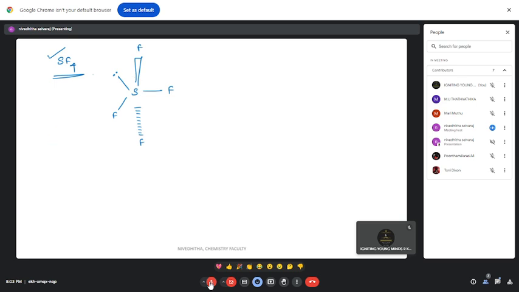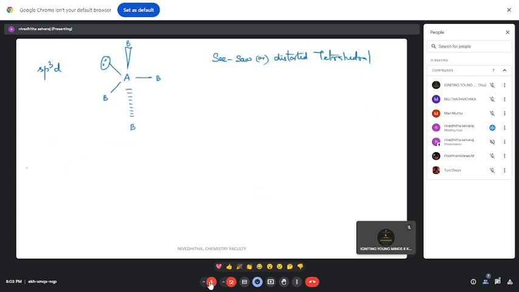Okay. If the hybridization is sp3d, the central atom can form 5 chemical bonds, but the central atom has only 3 terminal atoms. So 1, 2, and 3. And the rest of the bonds are filled with lone pairs of electrons. Now the shape of this molecule is T shape.